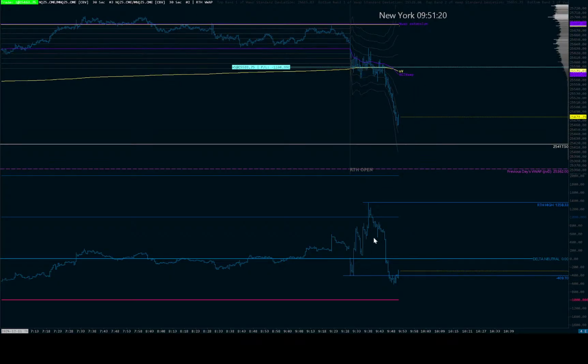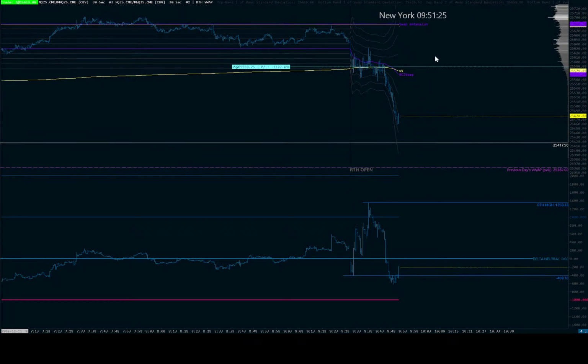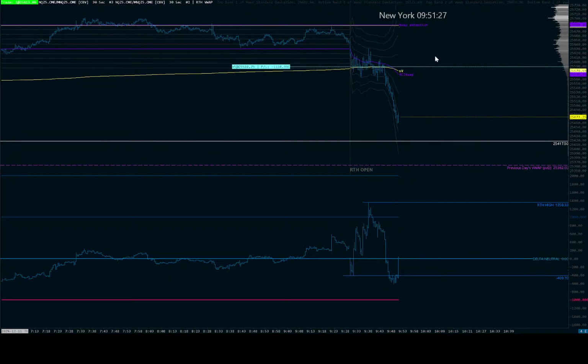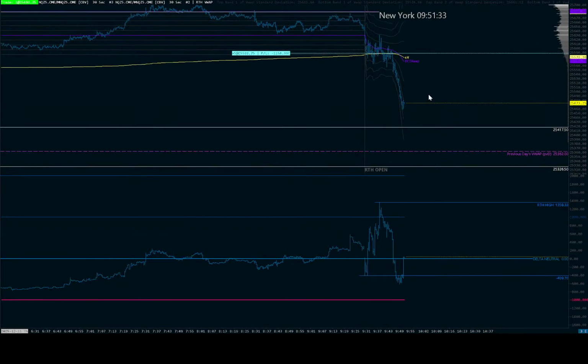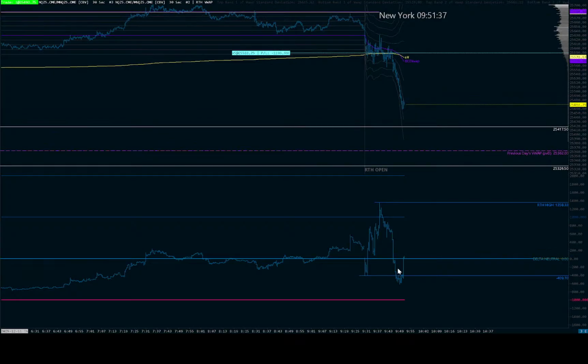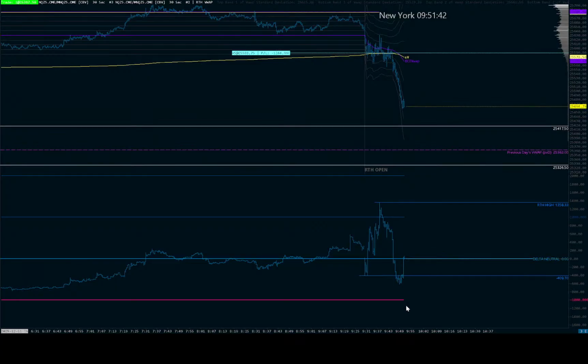Even though the buyers are aggressive, they're having a hard time overpowering. They're basically being absorbed, to me, on the sell side of things. So it'll be interesting to see how far down it goes, or if they do really step in and start to go higher.